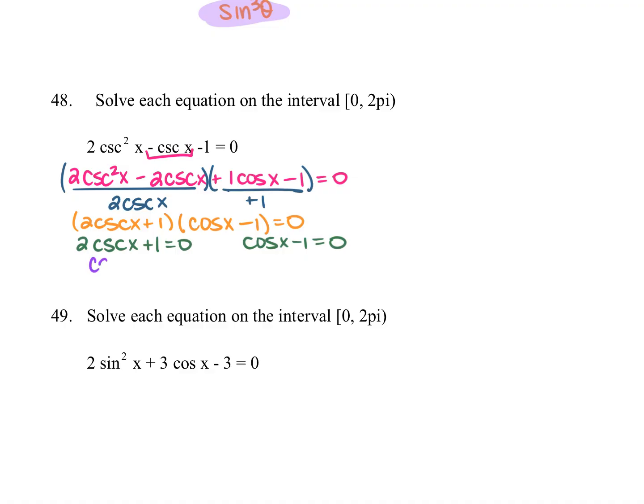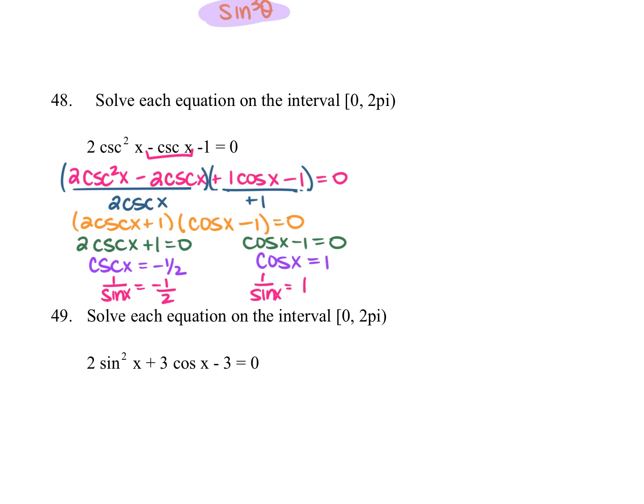This is going to give us cosecant x is equal to negative 1/2, and cosecant x is equal to 1. Remember, cosecant is 1 over sine. So 1 over sine is equal to negative 1/2, and it's equal to 1.